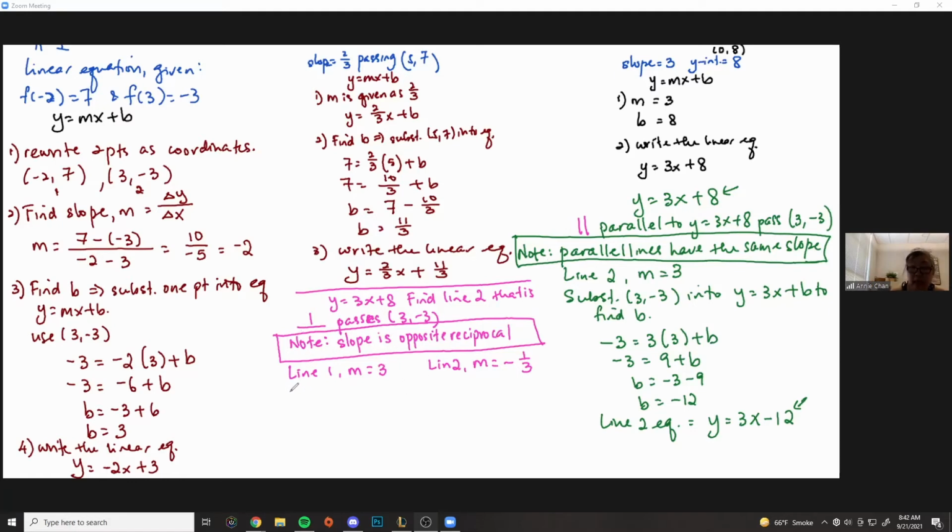So then again, we're going to substitute 3, -3 into y equals -1/3 x plus b to find b.